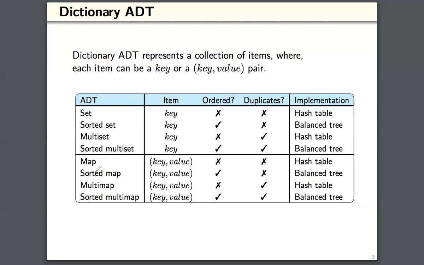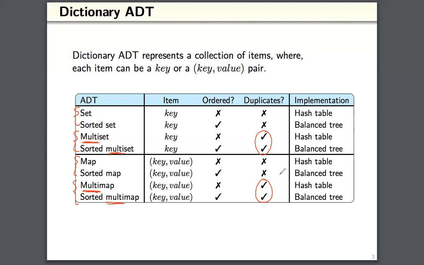Next, what is the difference between a set and a multi-set? Two are sets here, two are multi-sets. And here, two are maps, two are multi-maps. Whenever you say multi, duplicates are allowed, whether multi-set or multi-map.